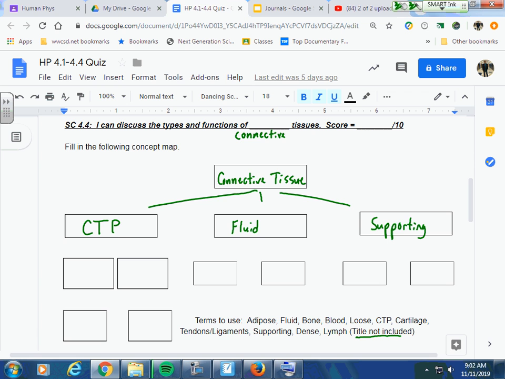All right, and connective tissue proper, we can actually put two different types there. We can break that down into a subcategory of loose and dense. An example of loose would be, some people put areolar, which was not a choice, but it is a type of loose connective tissue. But adipose is the option I gave you in your word bank over here to the right. And then dense would be tendons and ligaments.